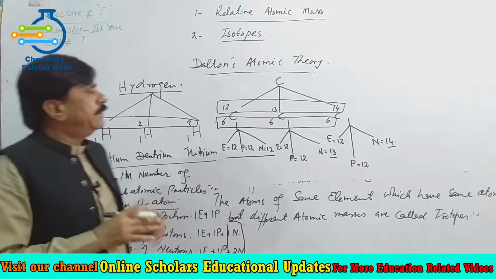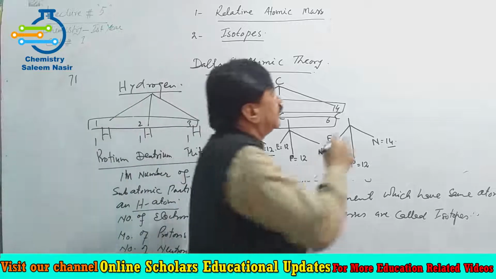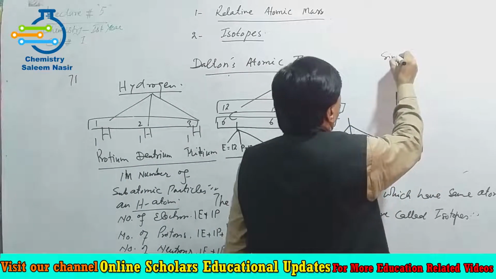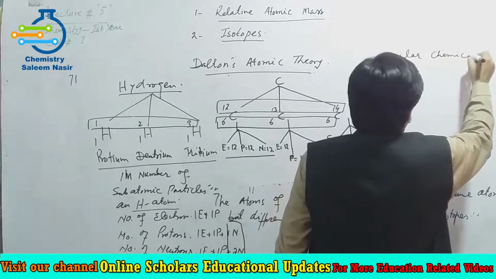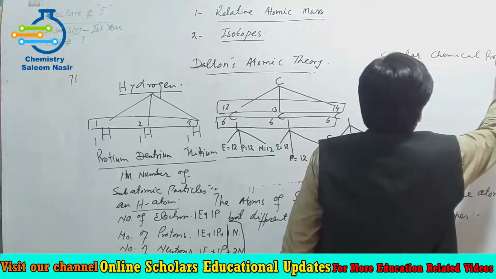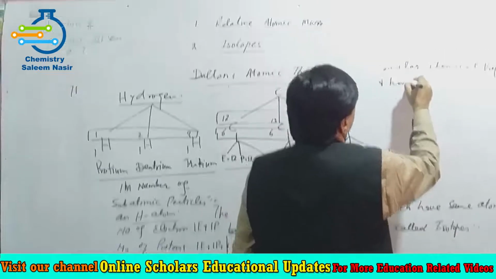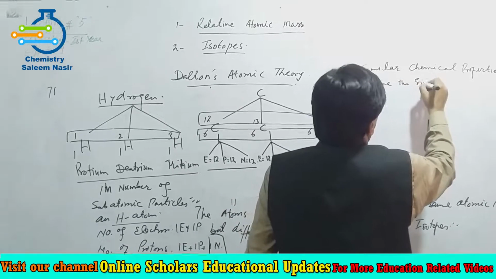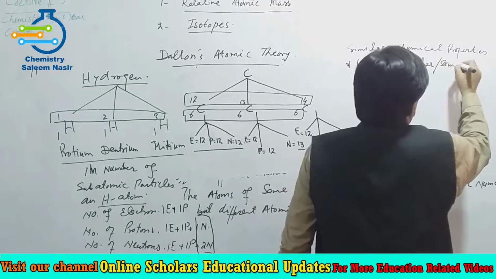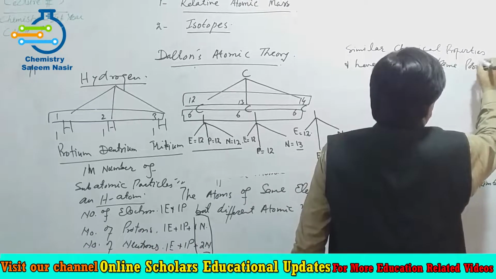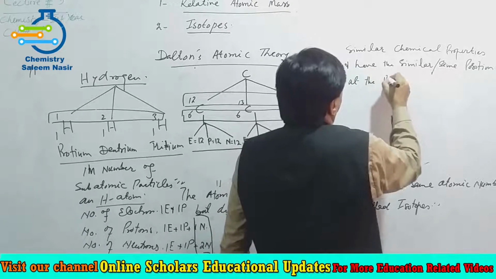So isotopes have similar chemical properties and the same position in the periodic table.